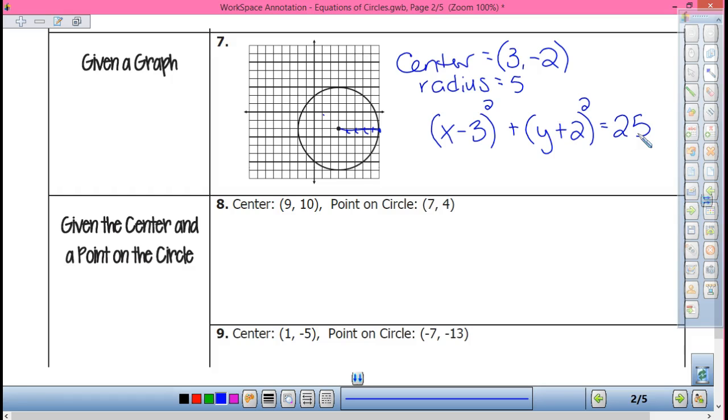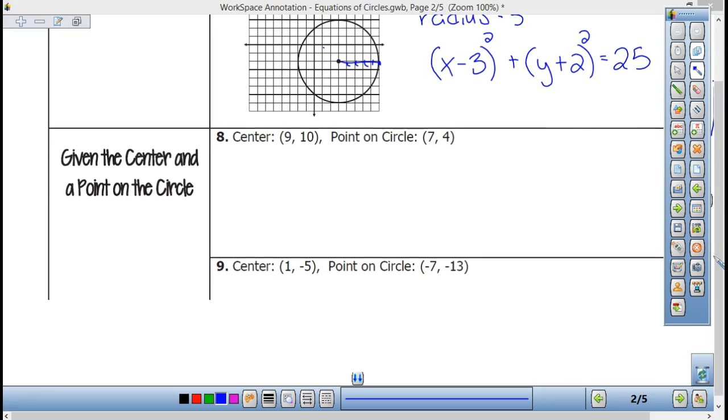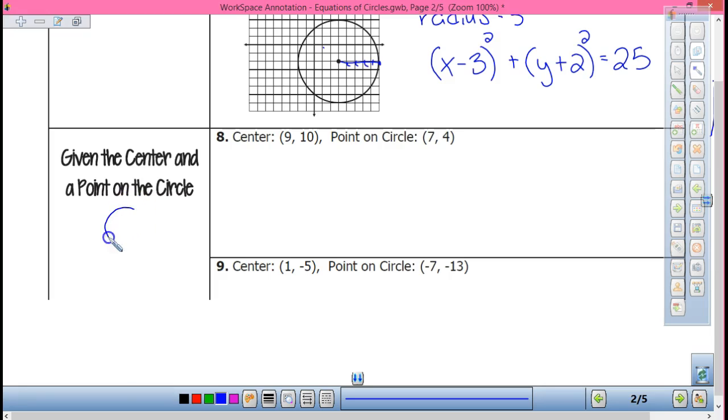Okay? All right, this next part is probably the hardest part. Because I have the center, but what don't I have? I don't have the radius. But I know that from the center to any point on the circle is my radius. So in order to find my radius, well, I have the center. I don't need the diameter, I just need the radius.